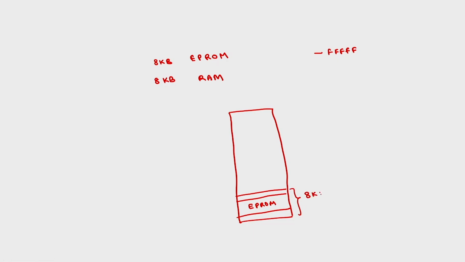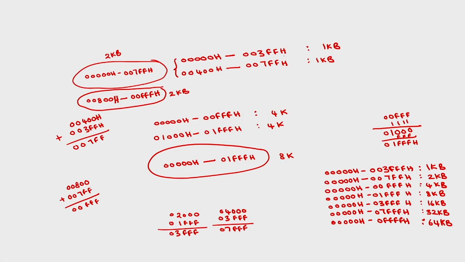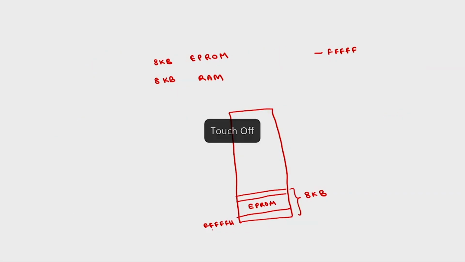This is 8 kilobytes. So if the ending address is FFFFFH, what is the starting address? For 8K it should be 1FFF. You have to subtract 1FFF from here. So this will be FE000H. Is it clear?